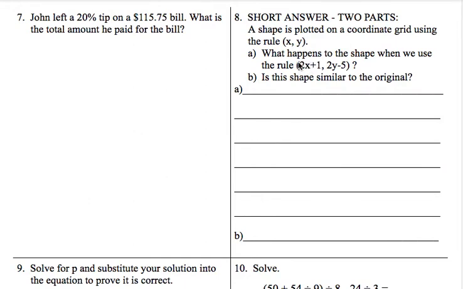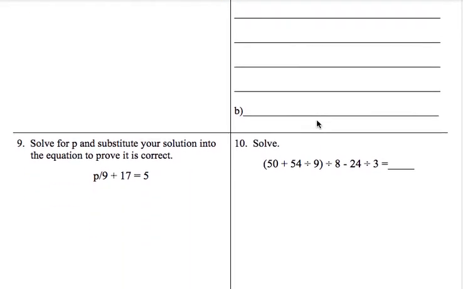What happens when we multiplied the x value by something and when we multiplied the y value by something, what happened to that figure when we added. All right, so this meant it got wider, this meant it moved upward, this meant it got taller, this meant it moved down, right? So think about that as you answer that problem.